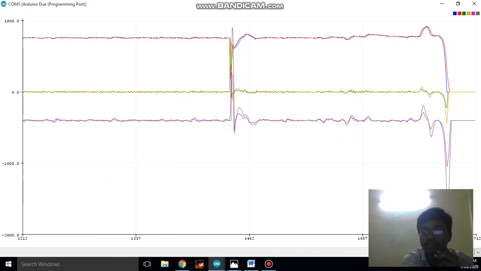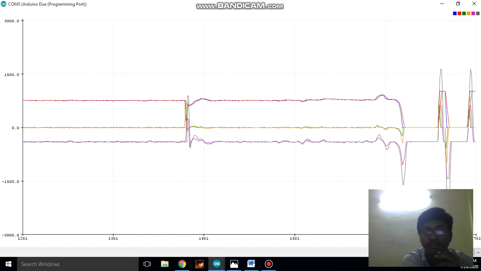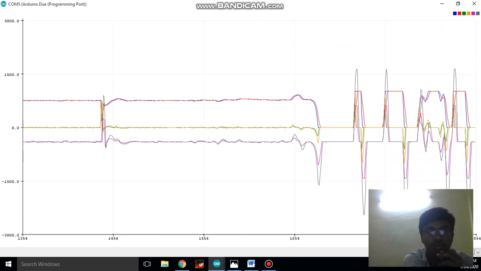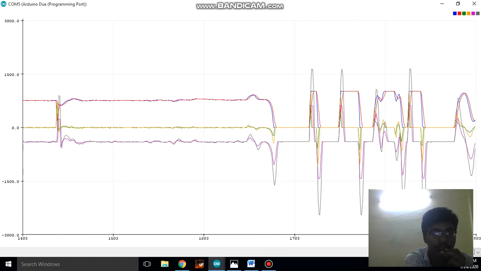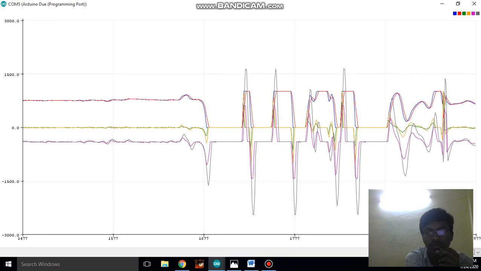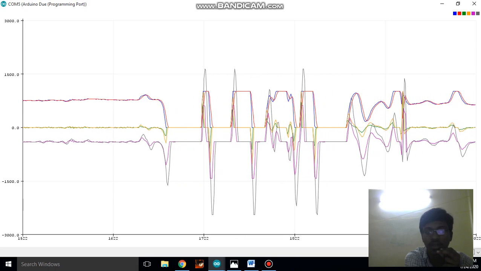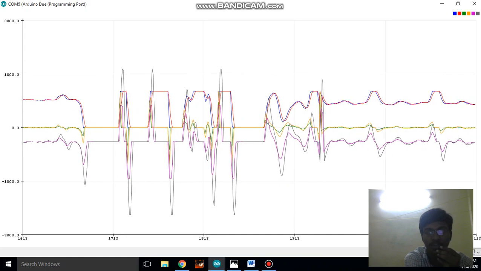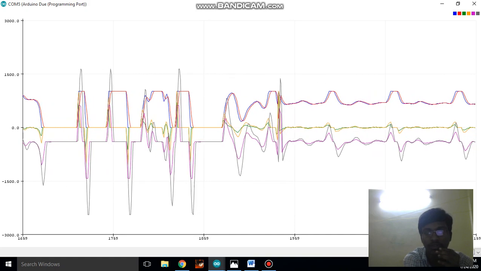Yeah, we can see it here. The blue one is the input and the red one is the MA filter. We can see the red one is much smoother than the blue one. This input is very clumsy because I am taking the input while I am speaking, so the output will be very fluctuating.